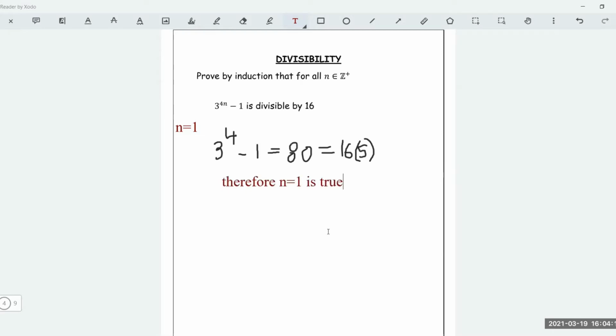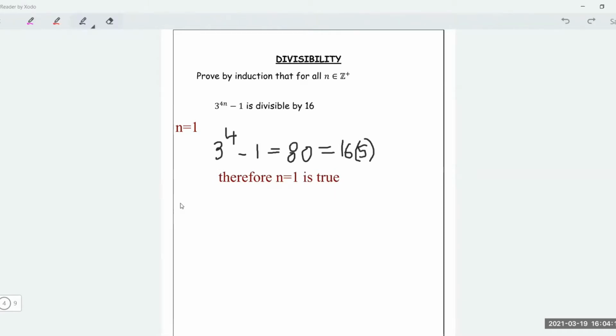Let's look at n equal k now. For n equal k, this is now 3 to the 4k minus 1, and this is equal to 16 times x, where x is an element of the integers.